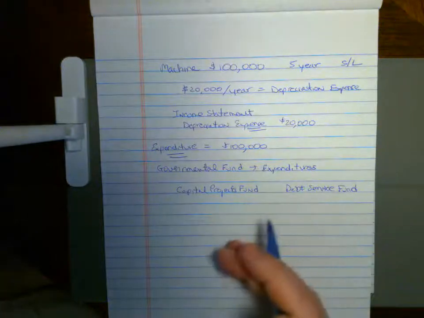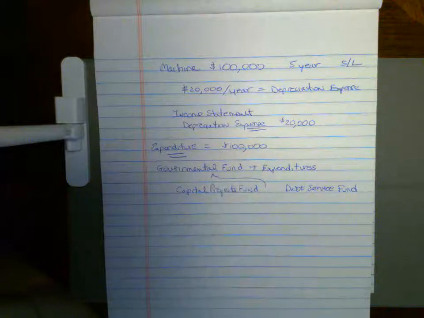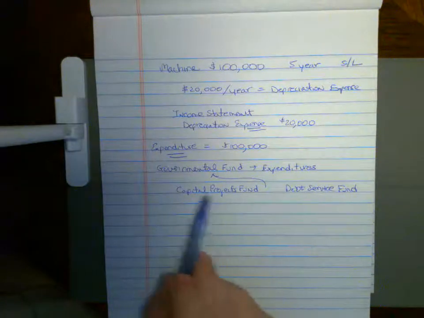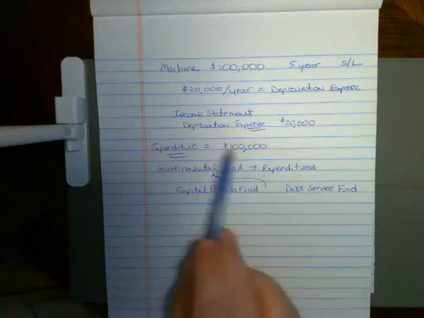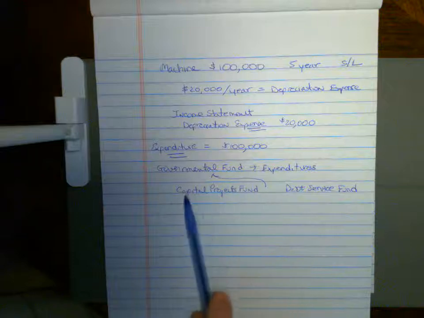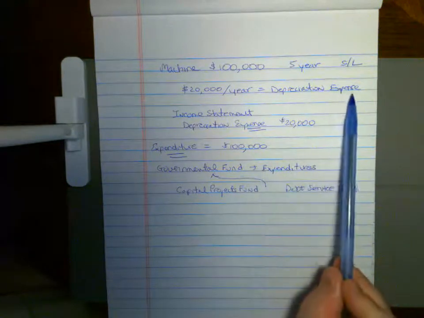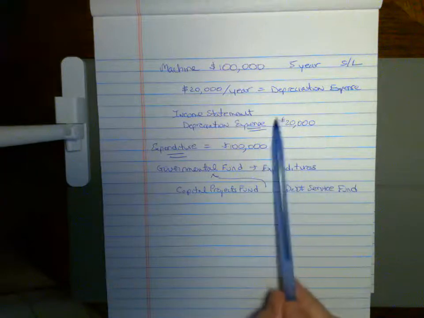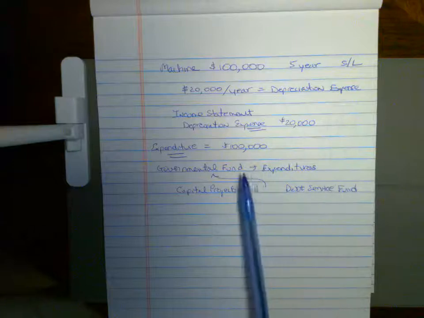Now, these are both governmental funds, okay? And then what happens is, again, this $100,000 piece of equipment that shows up as an expenditure in the governmental fund is going to show up as an expense of $20,000 per year over 5 years in the government-wide statements.